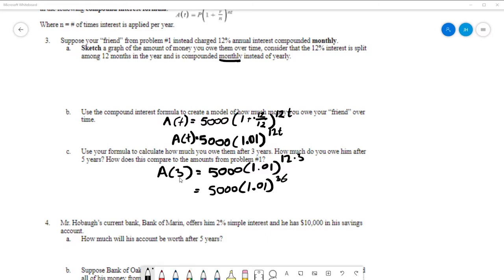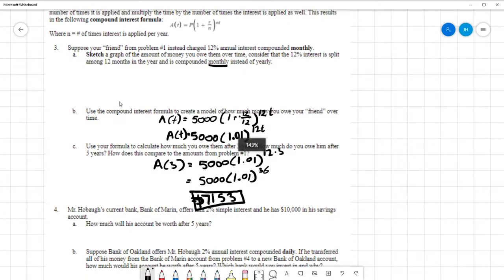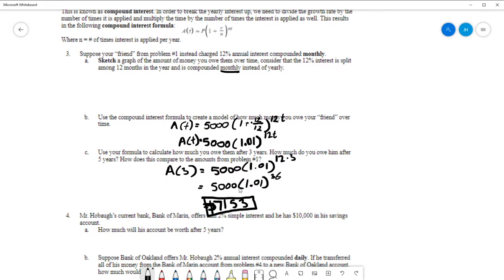And when I plug that in, I get $7,153. All right, so that's a solution to number 3.